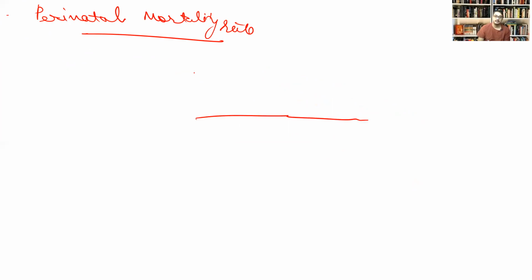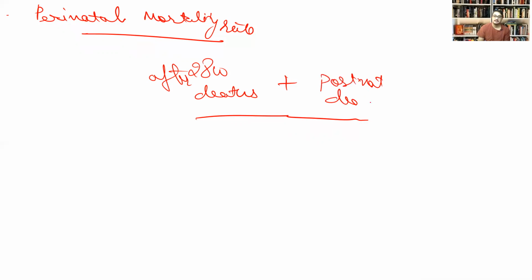So what is late fetal death? That is death after 28 weeks. Late fetal deaths plus postnatal deaths of the first week. So what is this first week we are talking about? First 7 days, which is called the early neonatal phase.